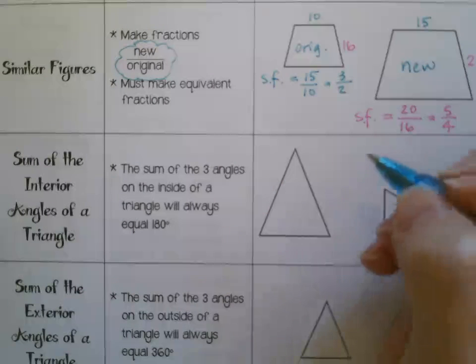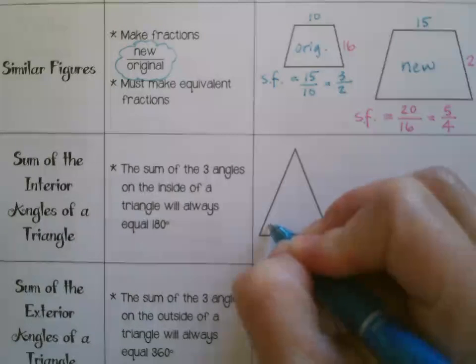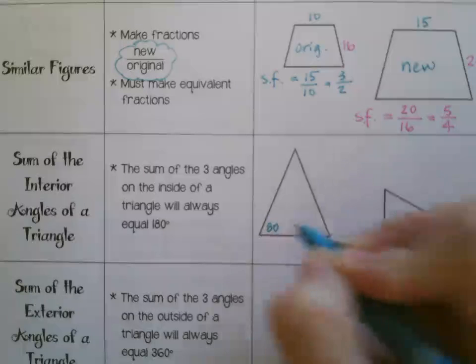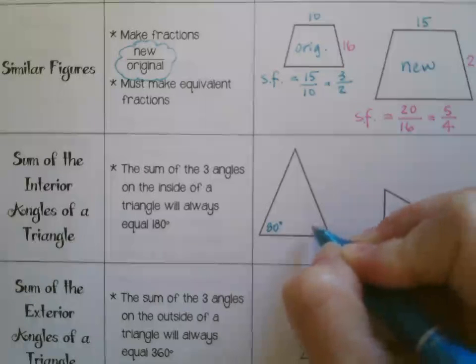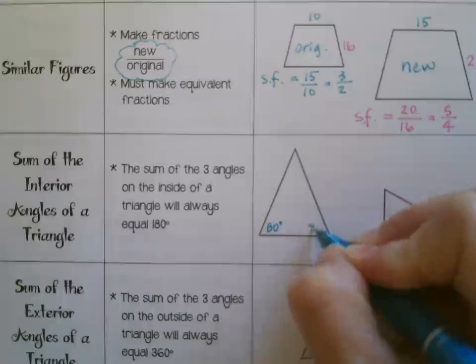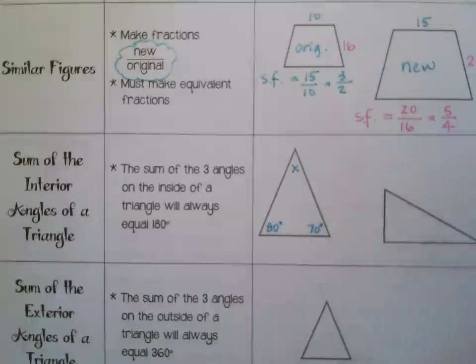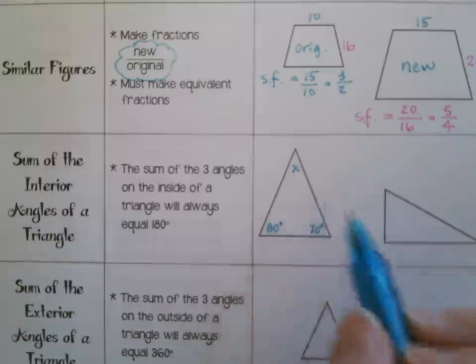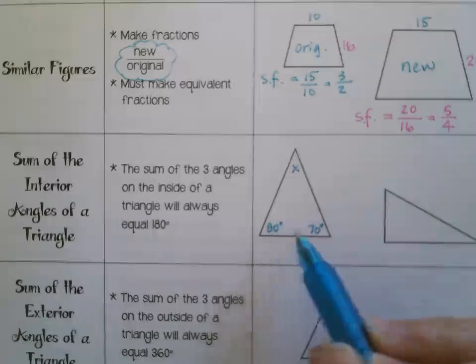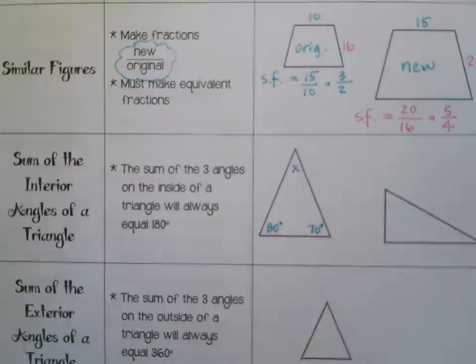So let's say this one down here is 80 degrees. And let's say this one down here is 70 degrees. Could you figure out what that angle is? And hopefully your answer is yes. Because what I know is that this angle plus this angle plus that angle have to add up to 180.